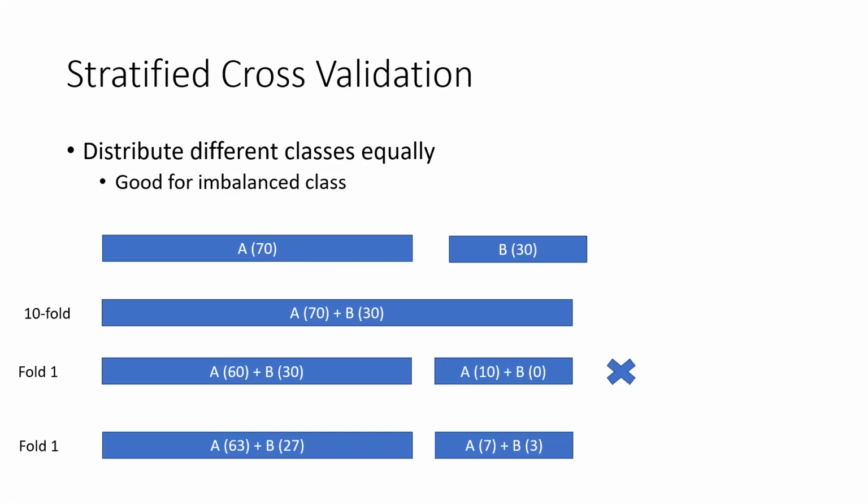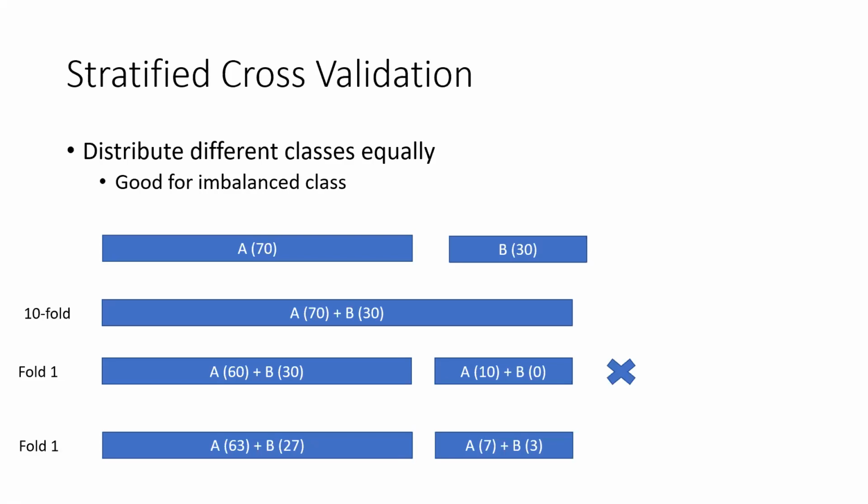But you may end up with an average case scenario, where if you're not doing stratified cross validation, you may not end up with 0 samples in B, but you may have 1 or 5 or 7. So that would again not be a good approach, and your errors will have more bias.